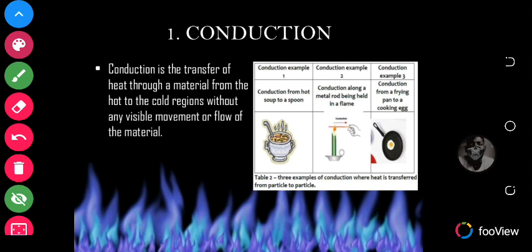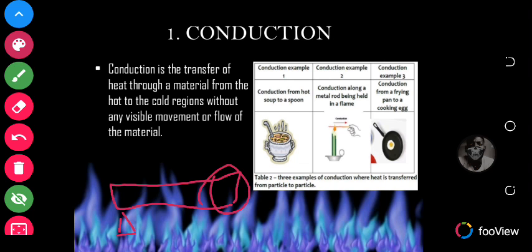You put a pot on fire, and you realize that there is a flow of heat from maybe the bottom of the pot to the top of the pot. Or let me draw an example. You have a rod, and then this part is being heated with fire. You realize that over time this part will also get hot. Okay, and that is conduction.